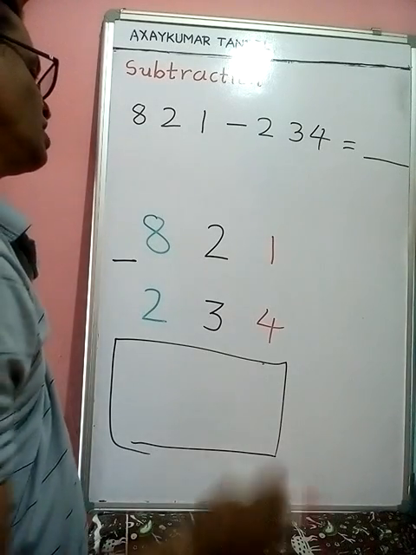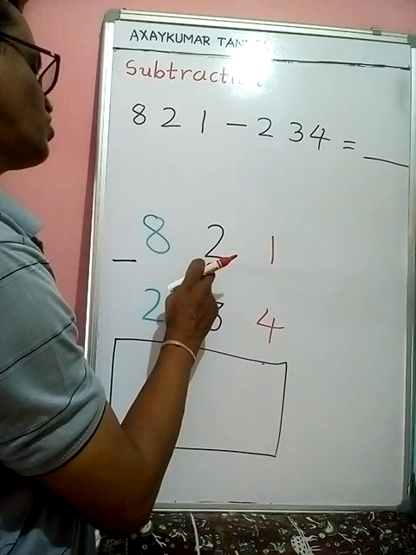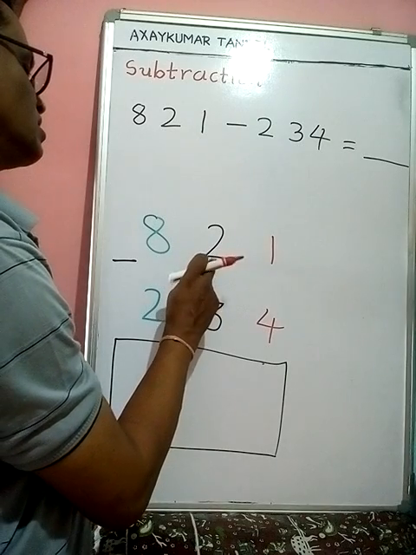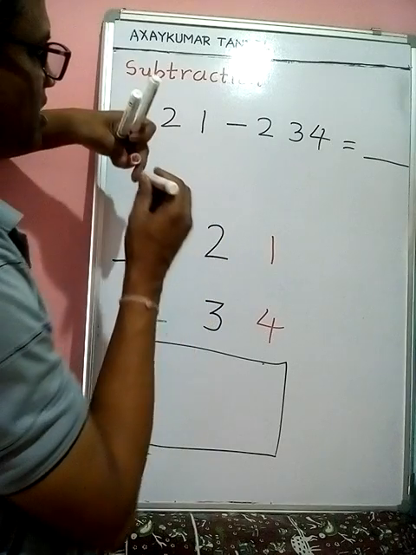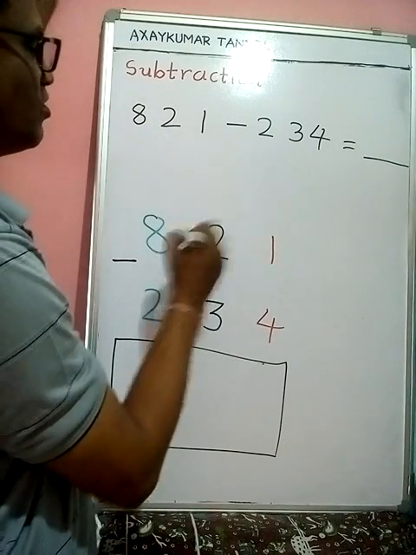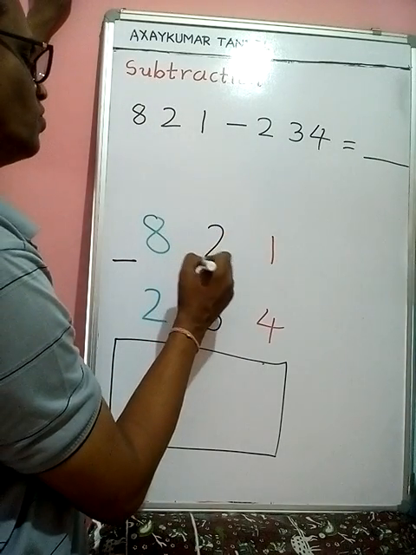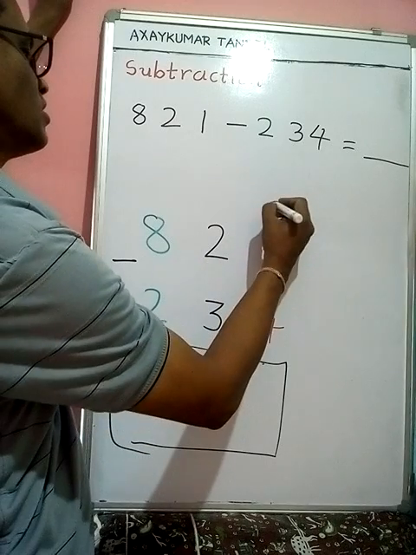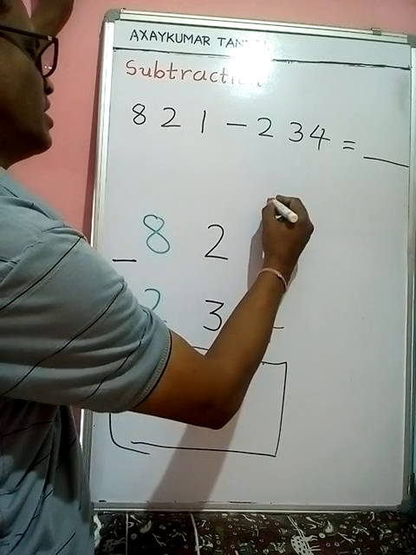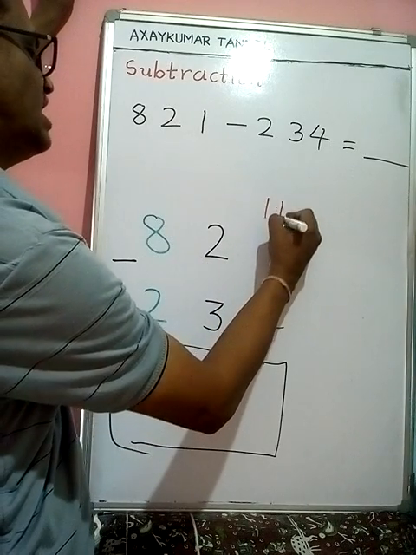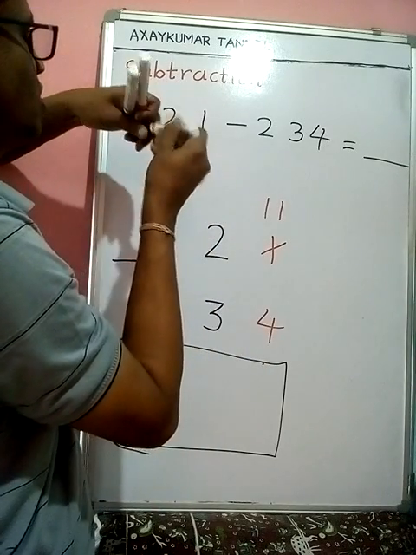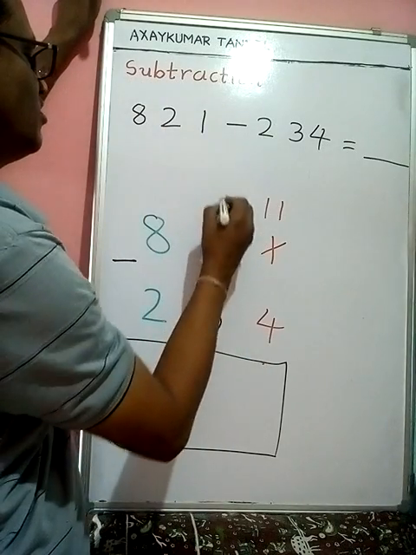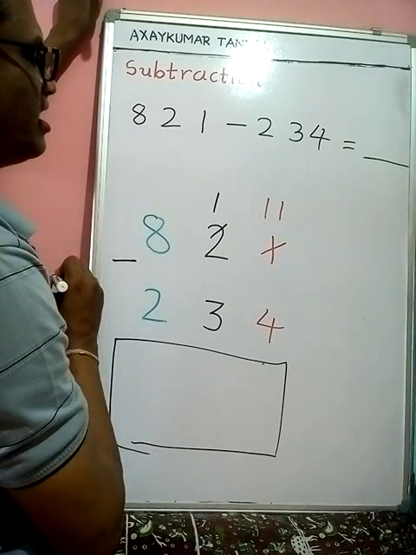We take 10 from 2. Here 2 is 20. So we will borrow 10 from 2. So here make 10 plus 1 is 11, and 2 becomes 1 less. 2 becomes 1.